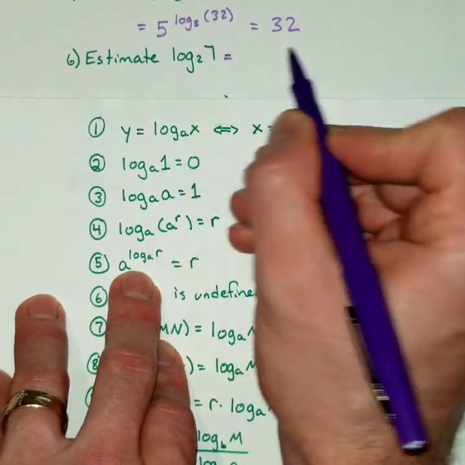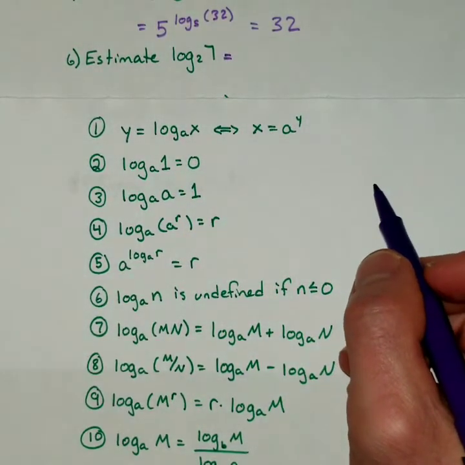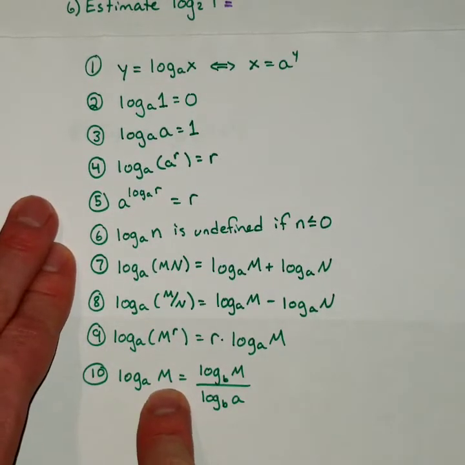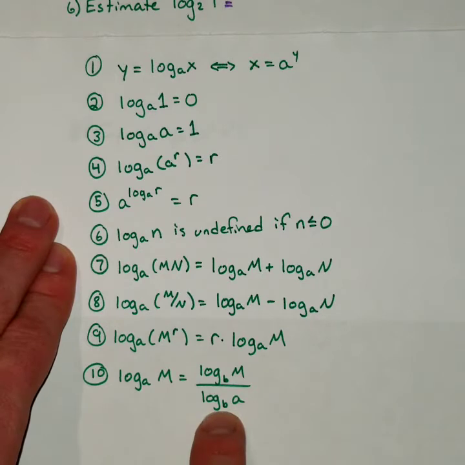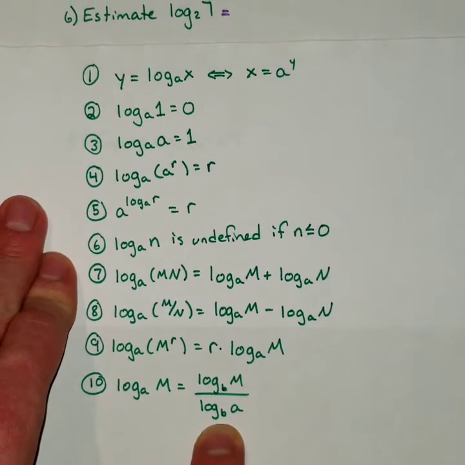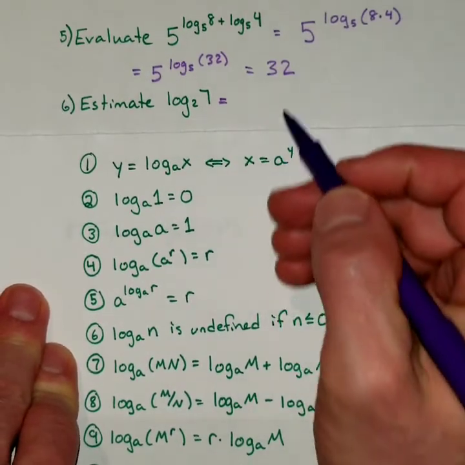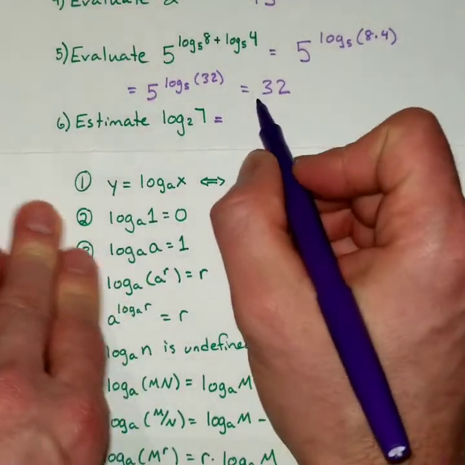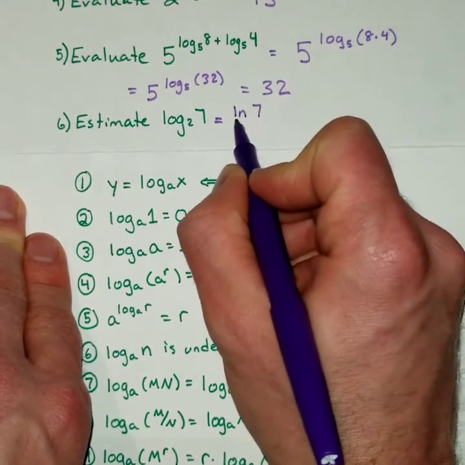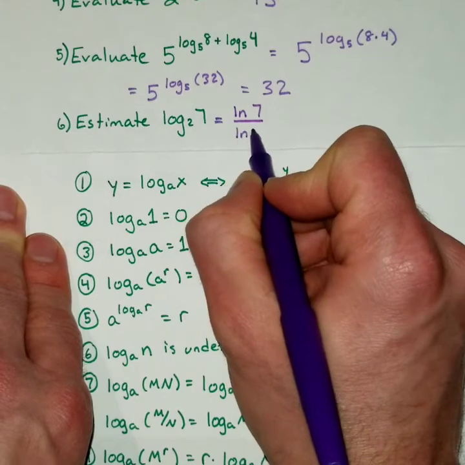So what I'm going to do is actually use the change of base formula, this guy down here, and I'm going to change this to another base. I could use common log or natural log. Maybe I'll use the natural log since I've already done an example of common log on a previous video. So I could change this to the natural log of 7 divided by the natural log of 2.